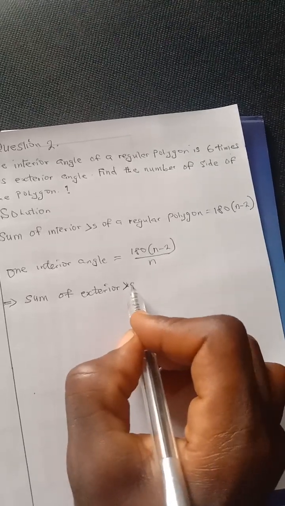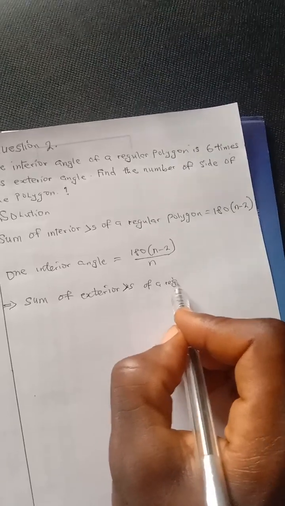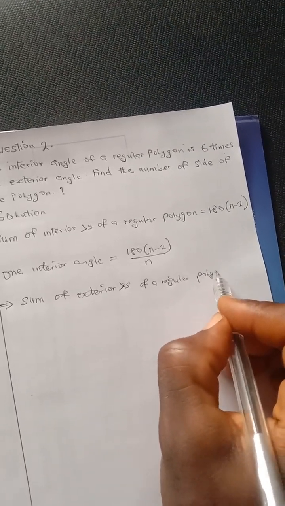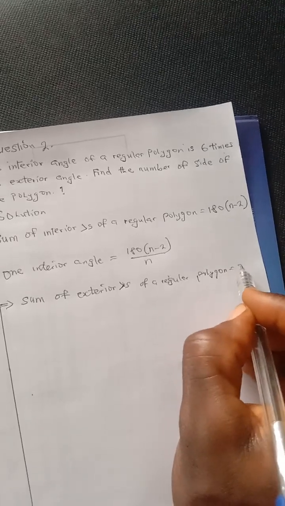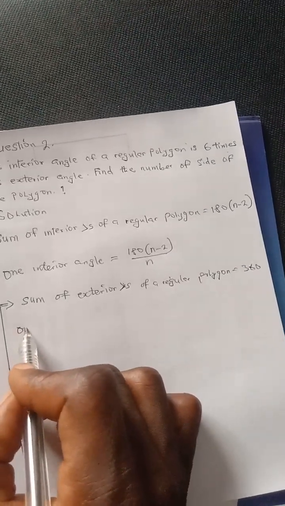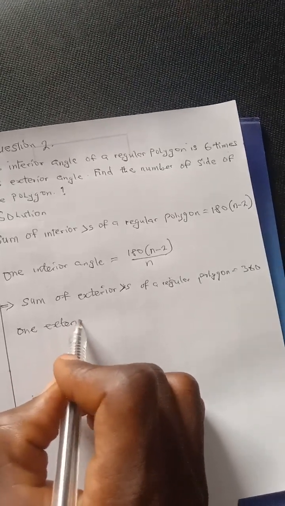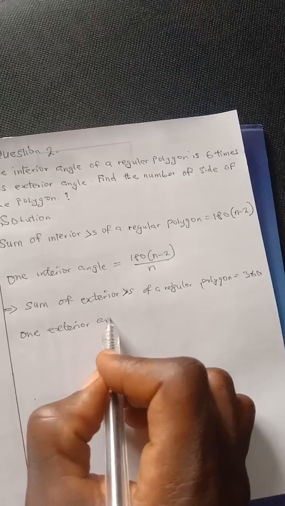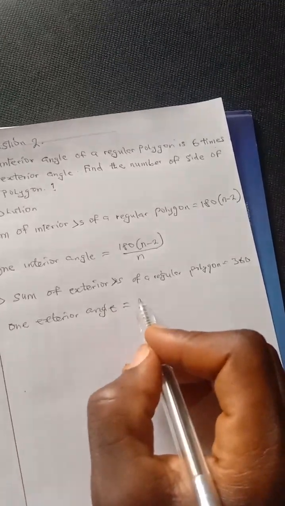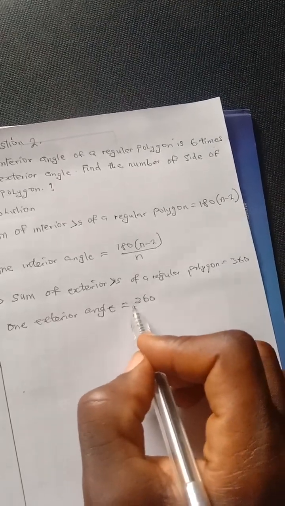The sum of exterior angles of a regular polygon is equal to 360. So one exterior angle of this polygon will be equal to 360 divided by n.